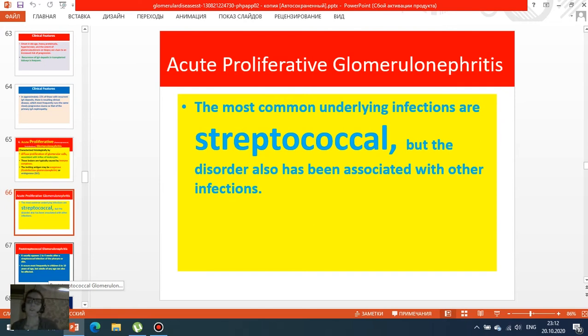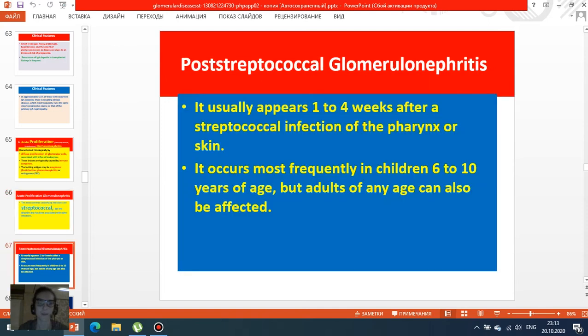In acute proliferative glomerulonephritis, the most common underlying infections are streptococcal, but the disorder also has been associated with other infections. It usually appears 1 to 4 weeks after streptococcal infection of the pharynx or skin. It occurs most frequently in children 6 to 10 years of age, but adults of any age can also be affected.